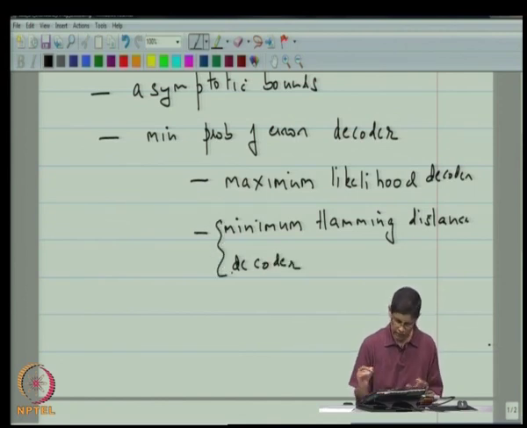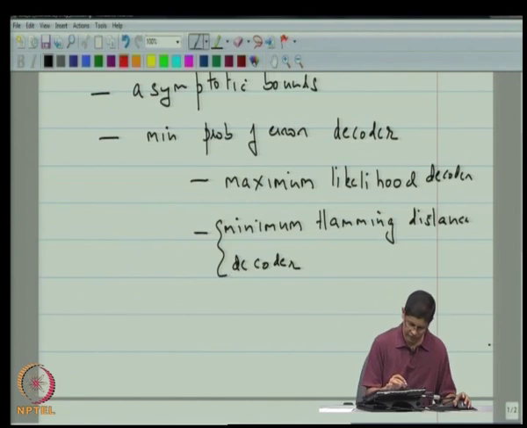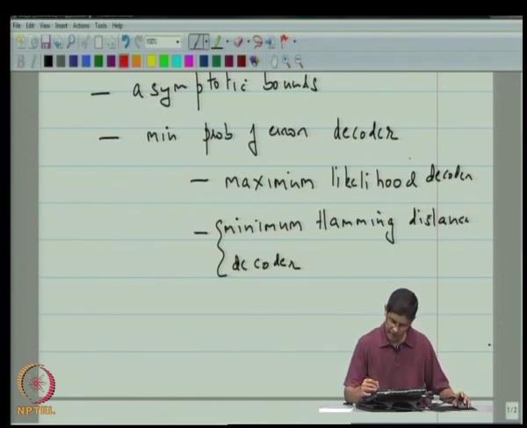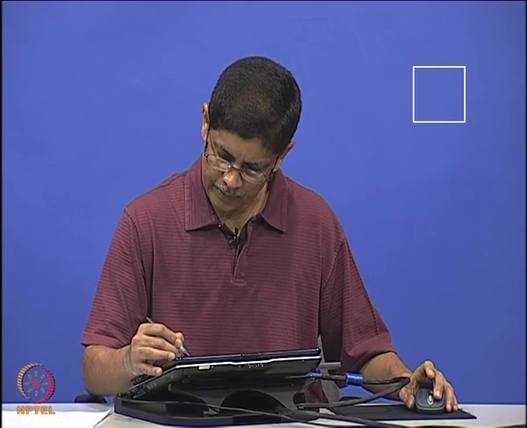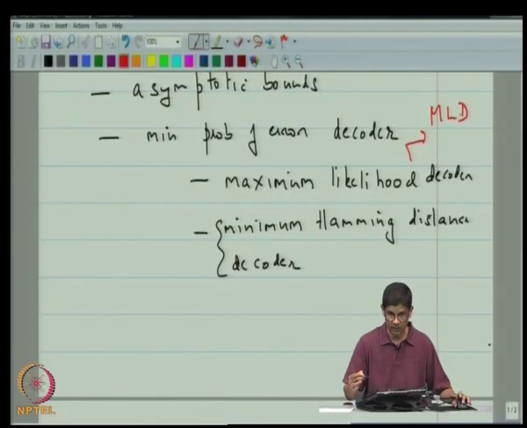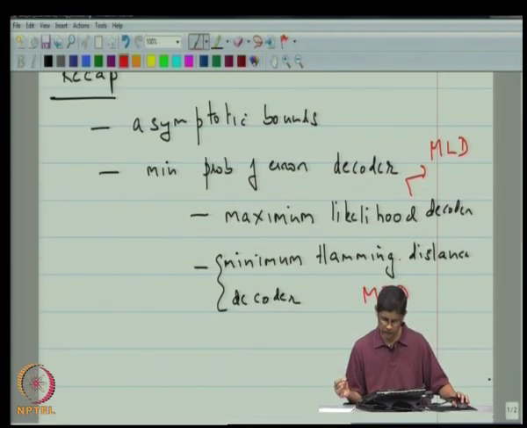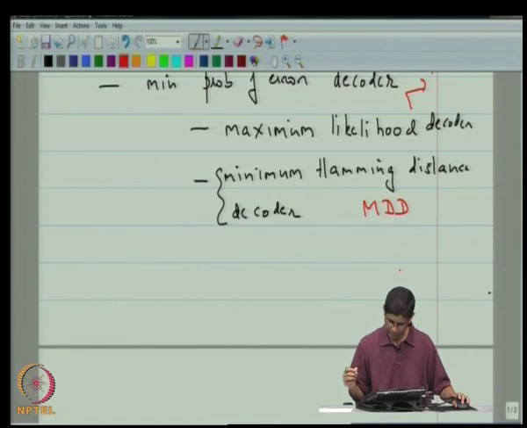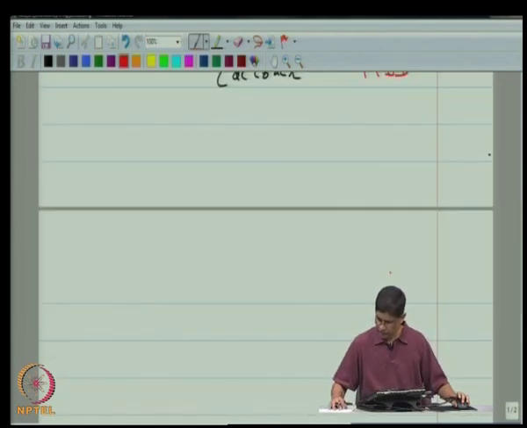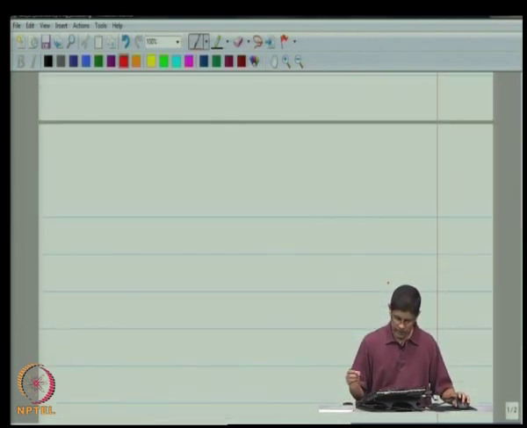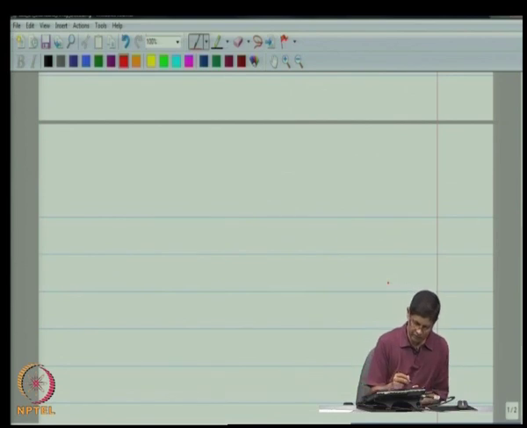As abbreviations, let me write MLD, that is very commonly employed, and we will refer to this as the MDD, or the minimum distance decoder. So, our starting point is in fact the minimum distance decoder.